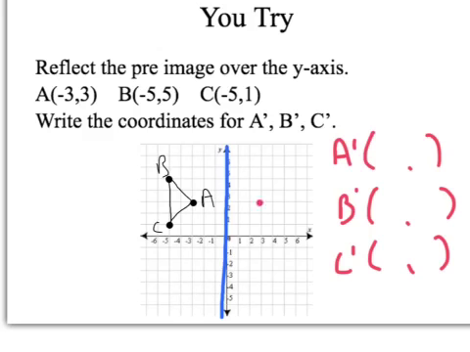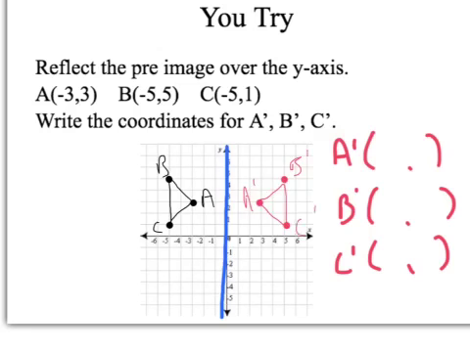To do B prime, it is 5 away on the left-hand side, so I want to go to the right 5. And same for C, it's 5 to the left, I want to go 5 to the right. That gives me my 3 points. I need to connect them. That gives me my A prime, B prime, and C prime.